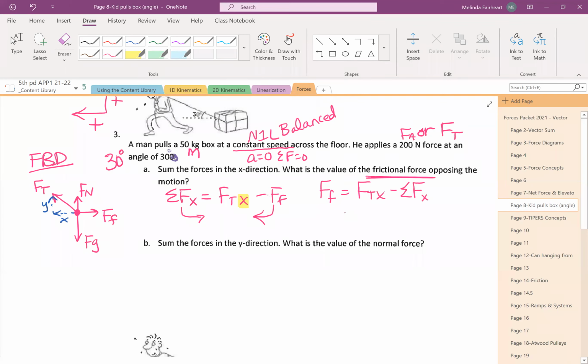And so now, before we find FTx, F net in the horizontal when traveling at constant velocity is going to equate to what? We've already said it once. F net will equal 0.